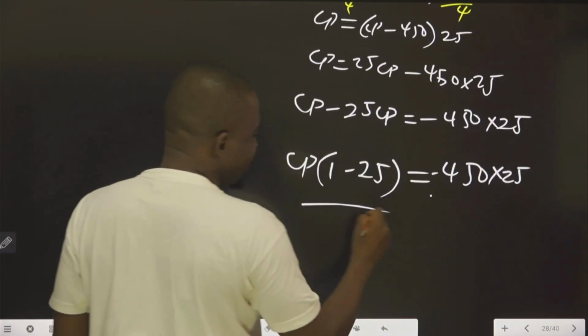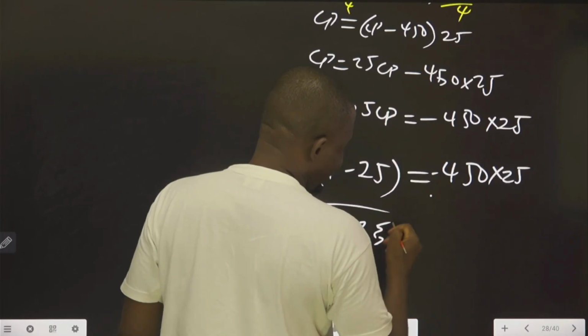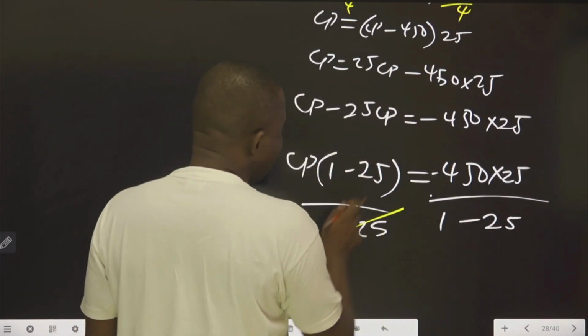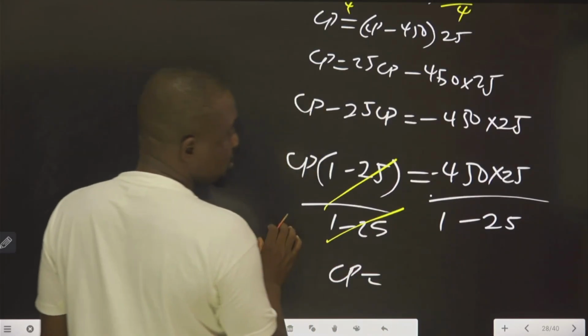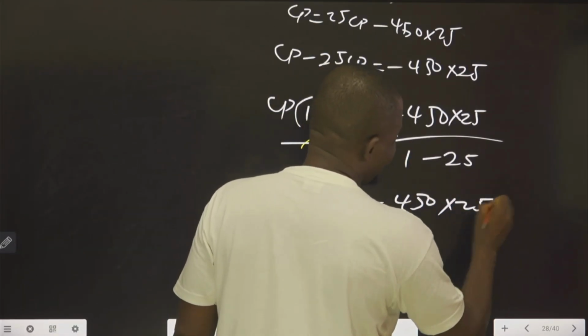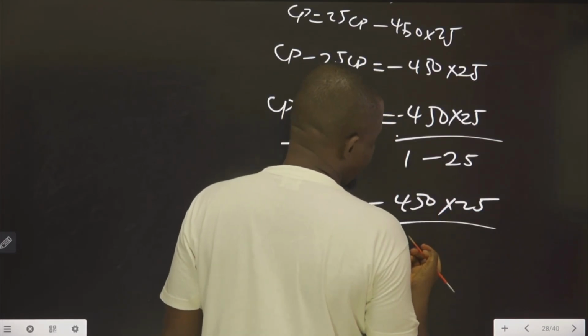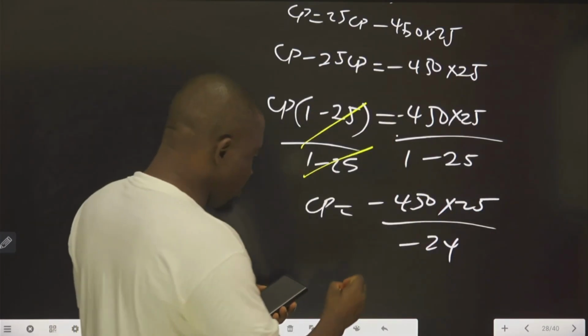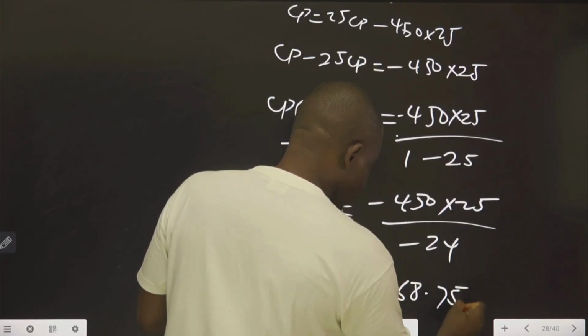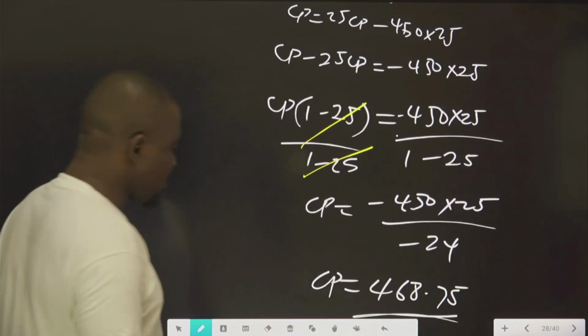We divide both sides by this, 25. So this and this will cancel. CP is equal to minus 450 multiplied by 25 all over this, which will give us minus 24. Okay? So this will give us 468.75. That is the cost price.